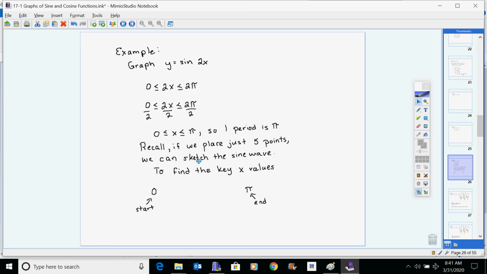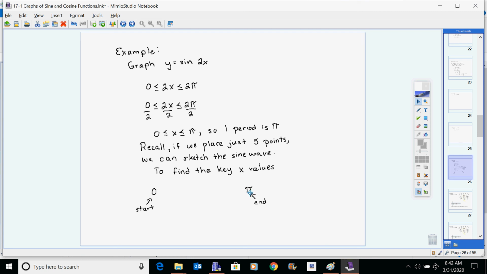Now, if we want to make a good sine curve, we need to graph 5 points. We need to graph the places where 0 happens, and that will be our 0 and our pi. Another place where a 0 happens will be exactly in the center of that. So the second thing I need to do is figure out what's exactly halfway between 0 and pi.